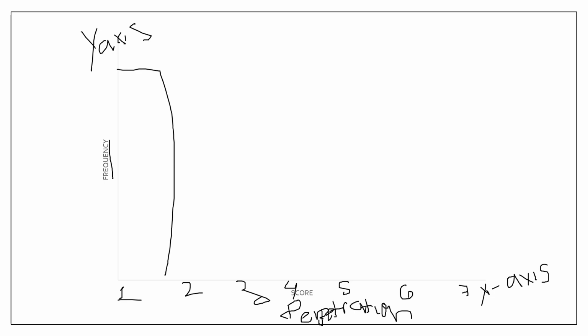So remember, the frequency values go from 0 to something, right? The height of the bar is the frequency, because it's going to tell us where on the y-axis it's going to hit.